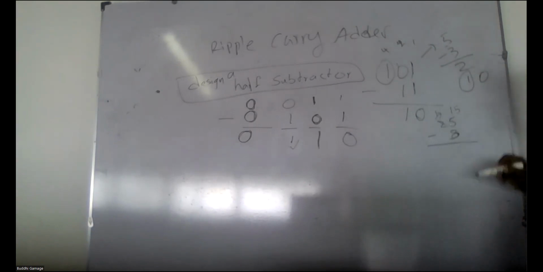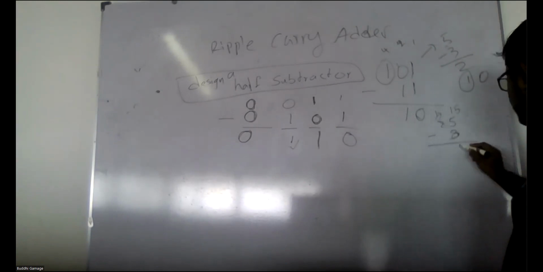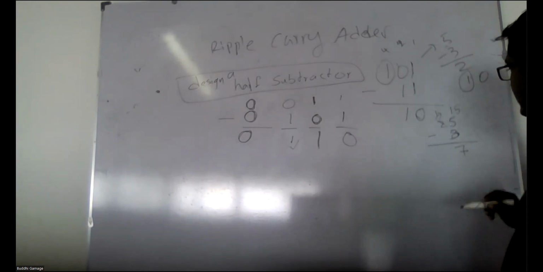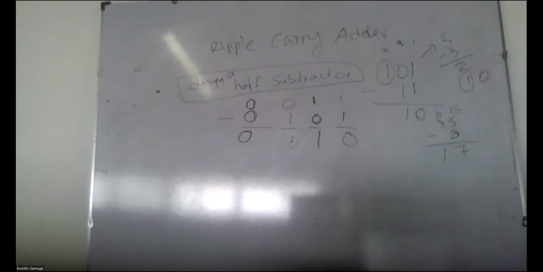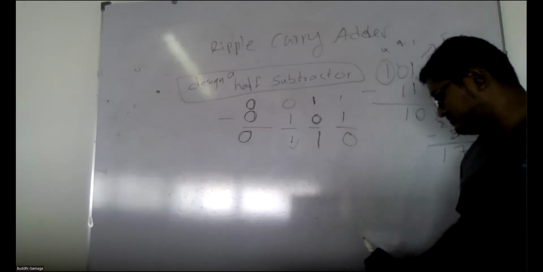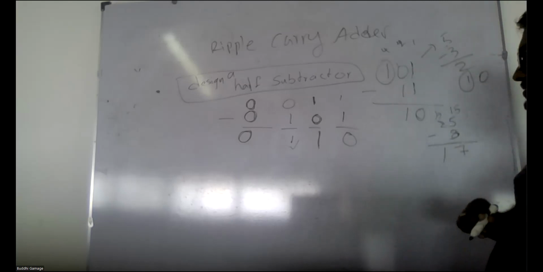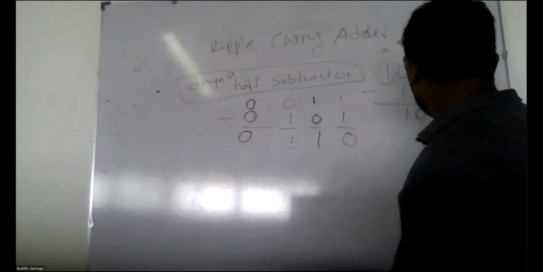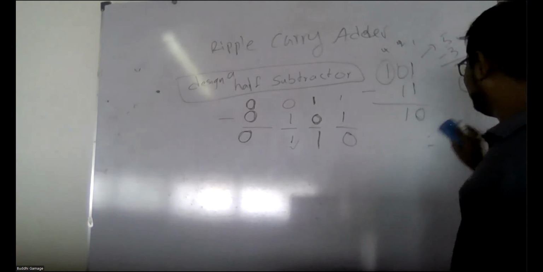So 15 minus 8 will be 7. Right? And we have this one, so the answer is 70. So we need to borrow some. Right? So this is grade 2 mathematics.